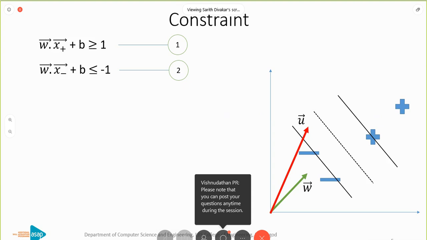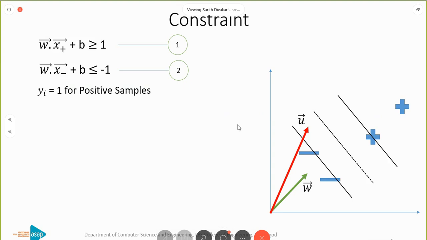Now I am going to introduce a new variable, y. For the positive samples, the value of y is 1, and for the negative samples, the value of y is minus 1. You'll be thinking, why am I introducing a new variable? It's just for mathematical convenience.